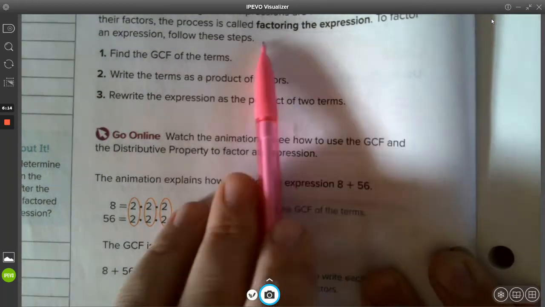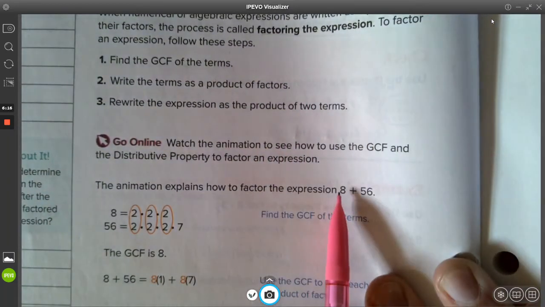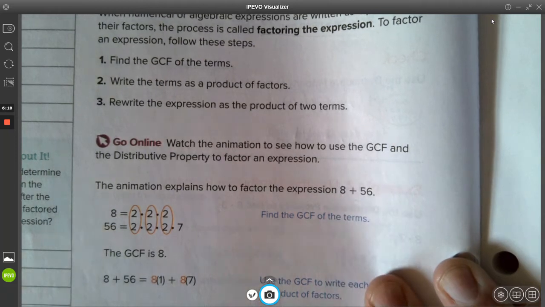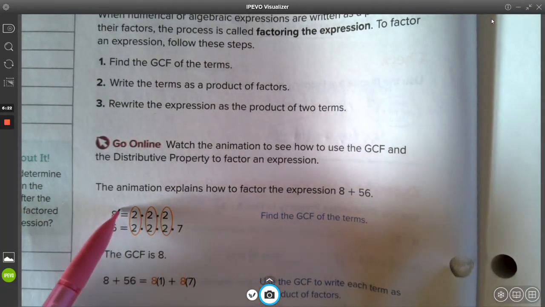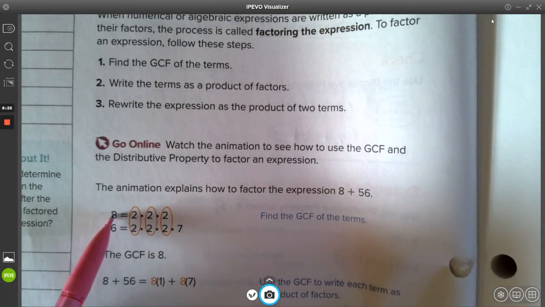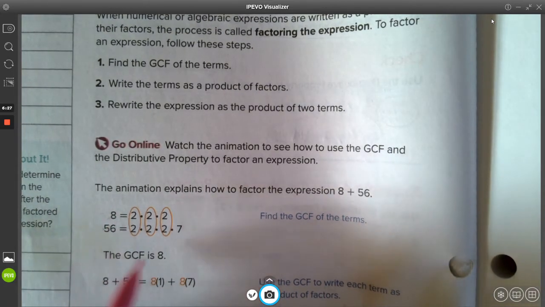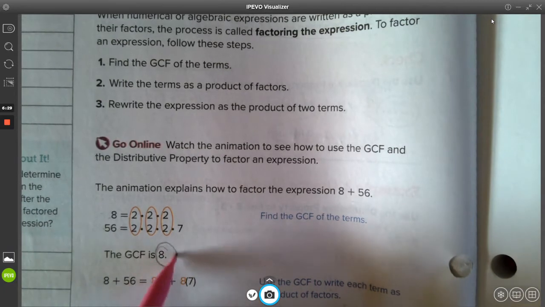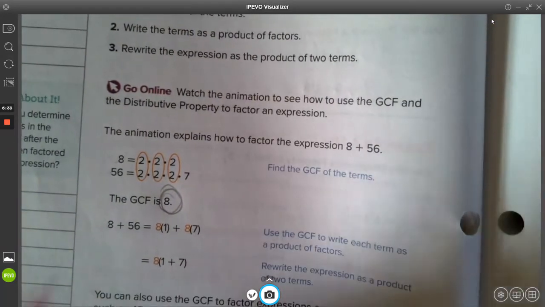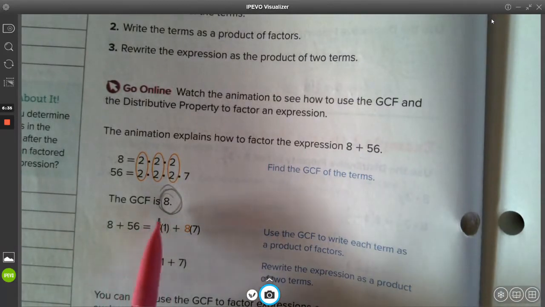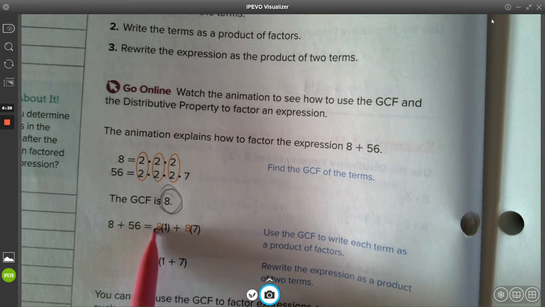I want to factor the expression here, which means I need to first find the GCF of 8 and 56. Now, we would know that 8 and 56 have a greatest common factor of 8. So what I would do is pull 8 out and put 8 outside my parentheses.